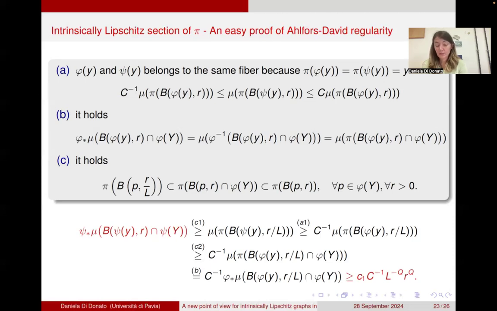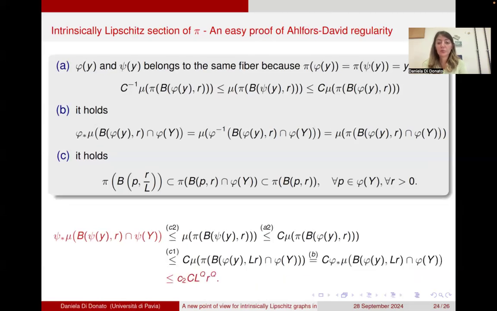Using these properties, it is possible to prove that the push forward of psi on mu of the ball centered at psi(y) and radius r intersecting psi(Y) is larger or equal than some suitable constant depending on C, L, and C1, times r power Q. Using the same properties, it is possible to prove the other inequalities.